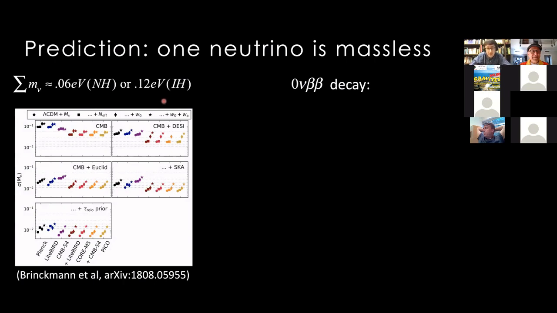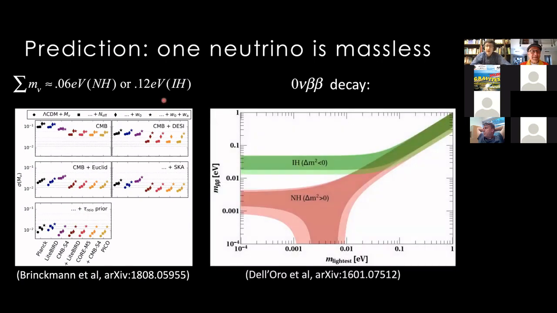And if you know that one of the light neutrinos is exactly massless, it turns out you can predict very accurately what the neutrinoless double beta decay rate is, and it depends again on whether the neutrinos are in the inverted hierarchy or the normal hierarchy, but the prediction corresponds to the left edge of this plot.